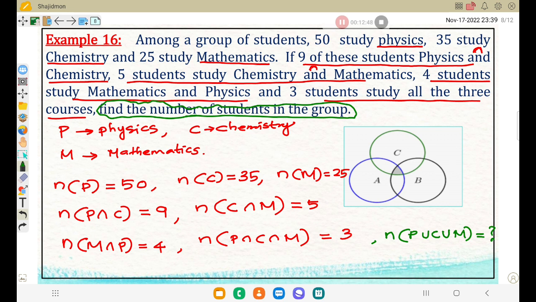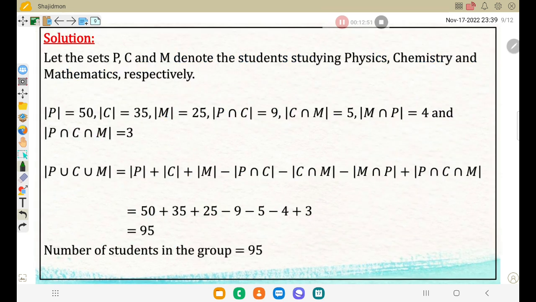Okay. So what we are doing, if you have 3 sets, we studied the rule. Number of elements of physics union chemistry union mathematics equal to number of physics plus number of chemistry plus number of mathematics, minus number of physics intersection chemistry, chemistry intersection mathematics, mathematics intersection physics, taking 2 at a time, then plus number of physics intersection chemistry intersection mathematics.